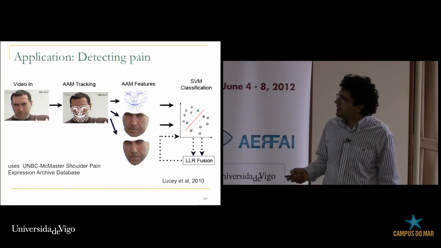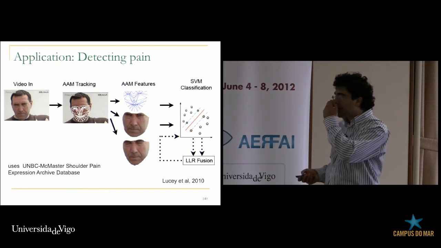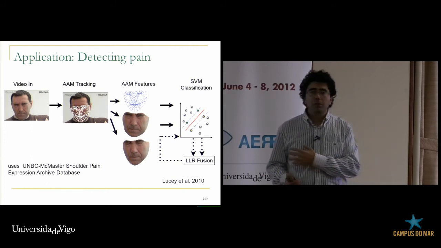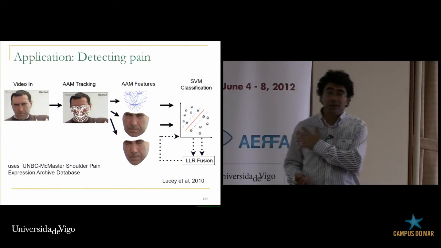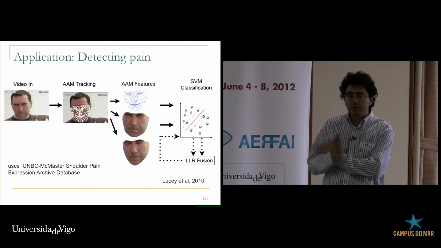Here's a recent database, the UNBC McMaster Shoulder Pain Expression Archive database, where they have recorded people under real pain, which is kind of difficult, right? You can't give people pain artificially to collect data.